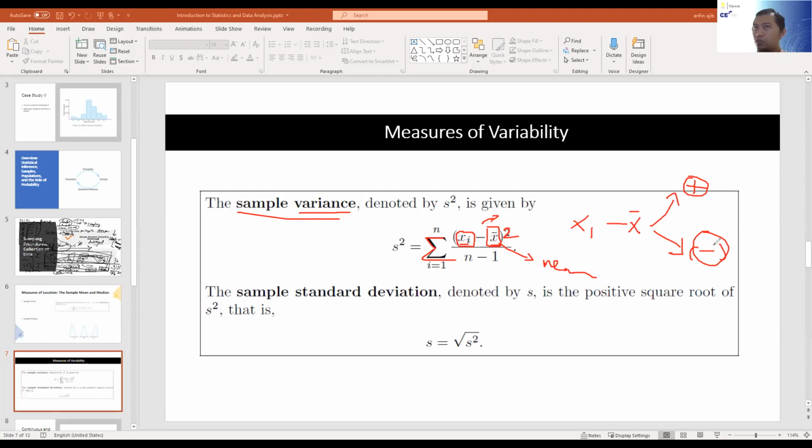We keep those data by power of 2, so they all become positive, and then sum up together, and then we make an average based on the number of the data here. Yes, we got the variance. Actually, that's the meaning, the philosophy of the variance.